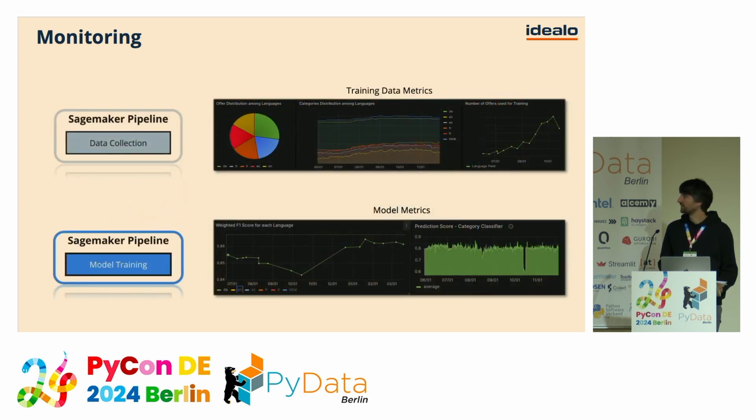Other metrics that we use are, for example, training data metrics here on the top. We are interested in training statistics like the distribution of the classes, to understand our classification problem better.